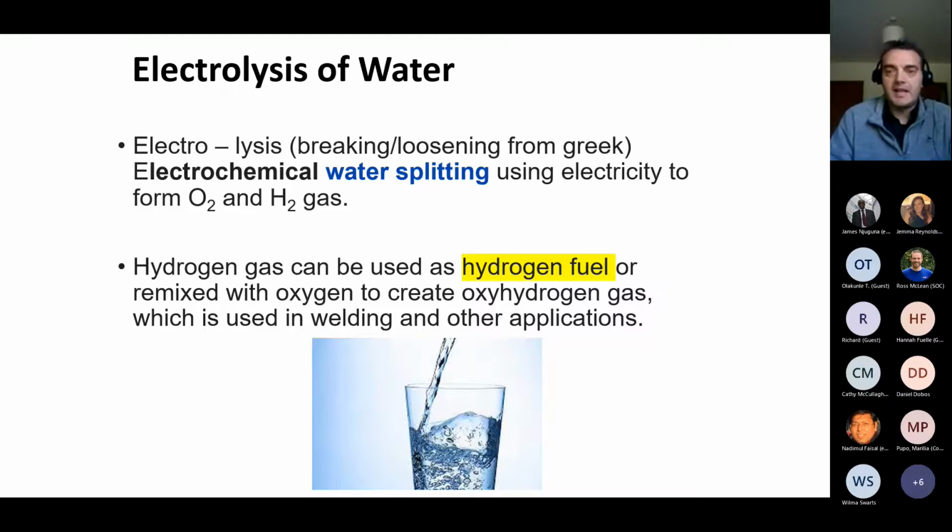So in this particular case, the water is splitting into oxygen and hydrogen, which is fantastic. So hydrogen can be used, as I put there, as a hydrogen fuel, or remixed again with oxygen to create another type of gas called oxyhydrogen gas, which is used in other applications such as welding.